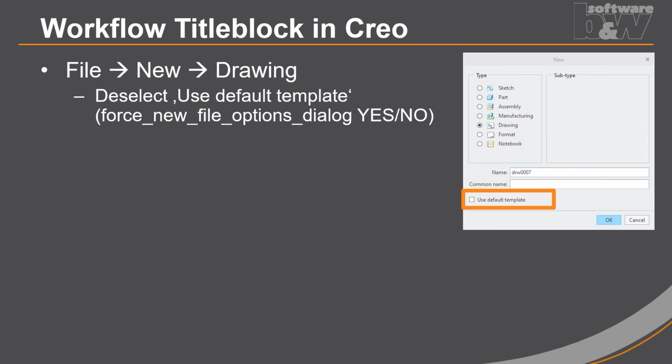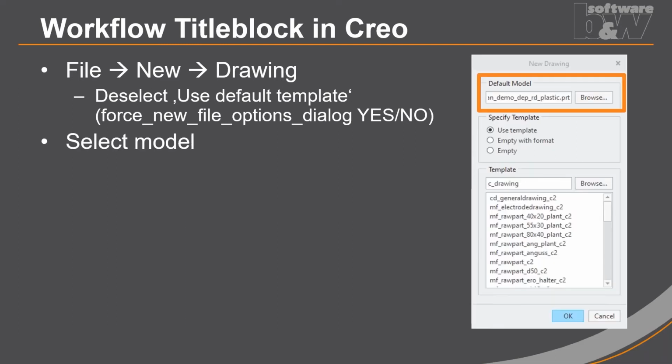There's the config.pro option that controls this small dialog box, whether you want it checked or unchecked by default. Then the next dialog opens. You have to select the model that you want to show in your drawing. And if you have already opened a model in Creo Parametric, it will be shown as a default in here.